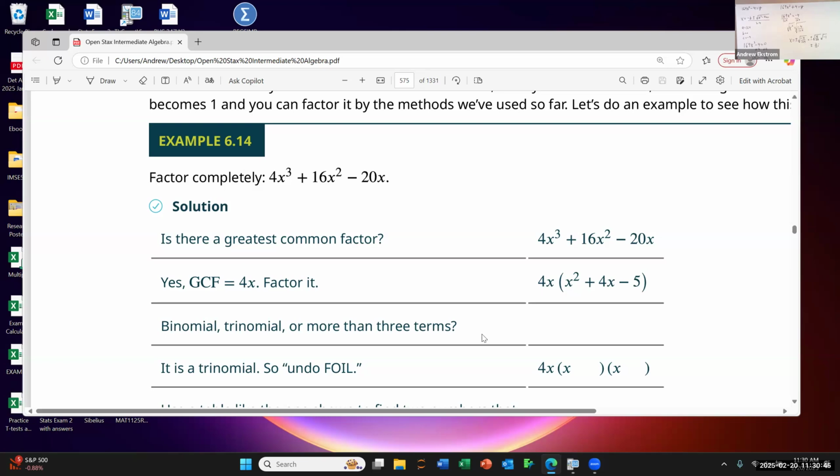If I gave you, then I'll let you see what I'm writing, and I'll move this out of the way in a moment.